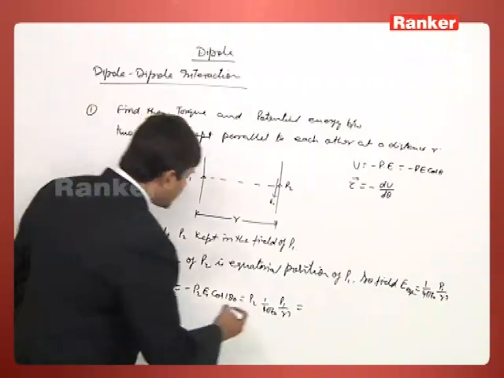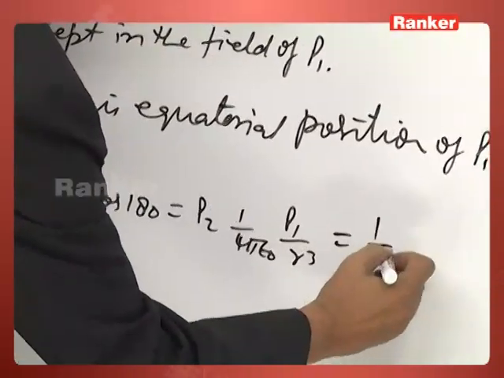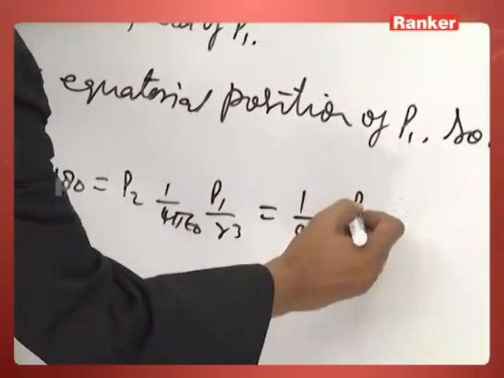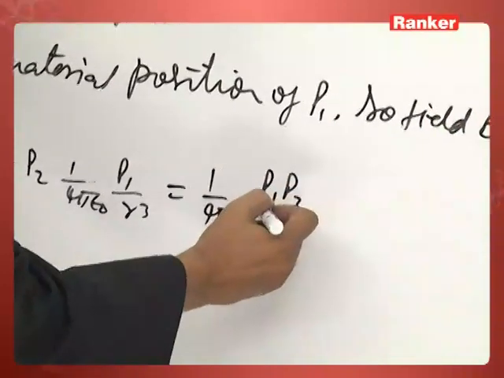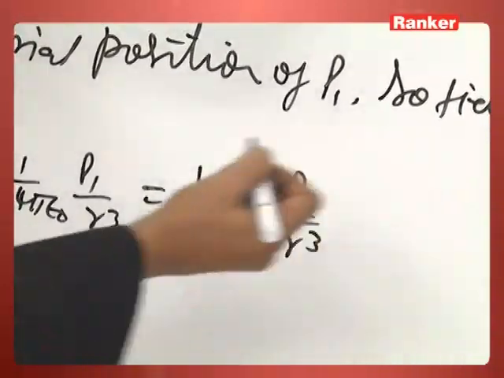So the potential energy is written as 1 by 4 pi epsilon naught P1 P2 by r cube.